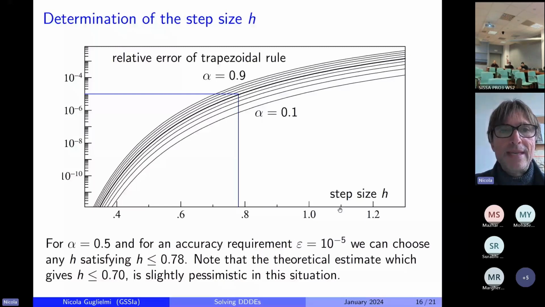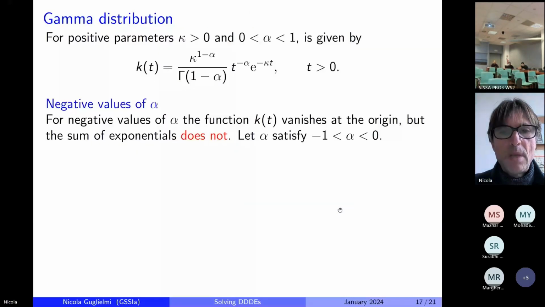Okay, so with this, maybe I can skip this. So this is the gamma distribution. If you have a negative value of alpha, of course, then you don't have any weak singularity.